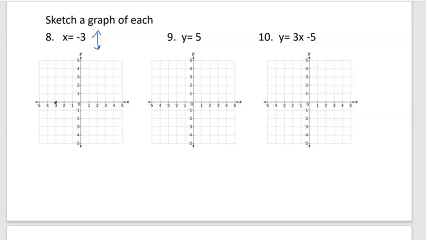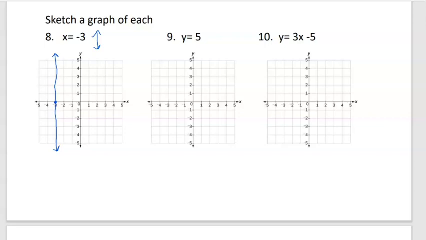If I graph this line, it's going to go completely straight up and down, keeping on the grid as best as possible, as that makes the points negative 3, 0, negative 3, 1, negative 3, 2. X will always be negative 3, and the y's can be any value you want.